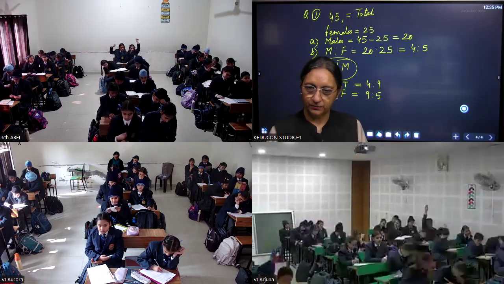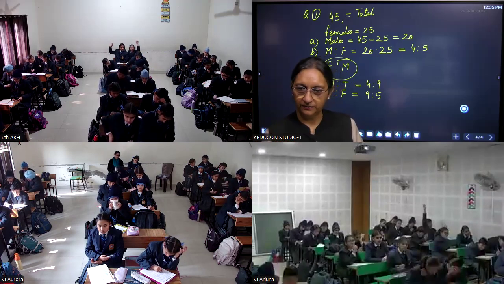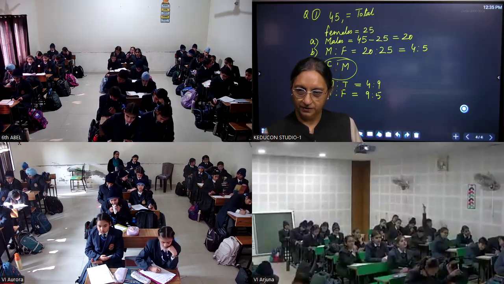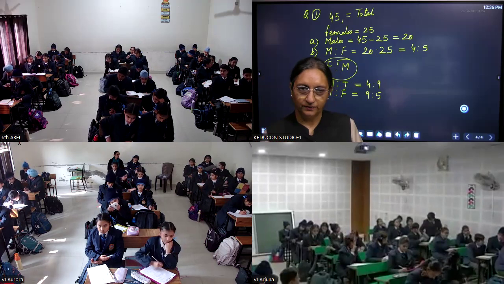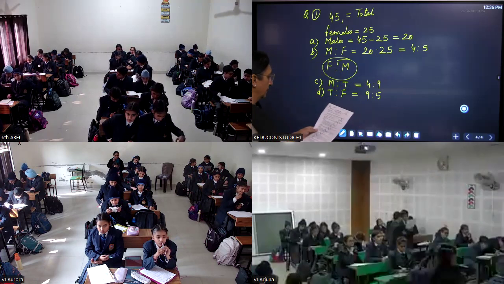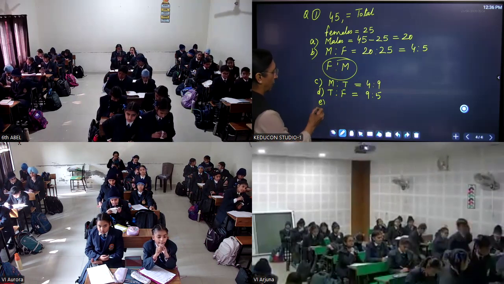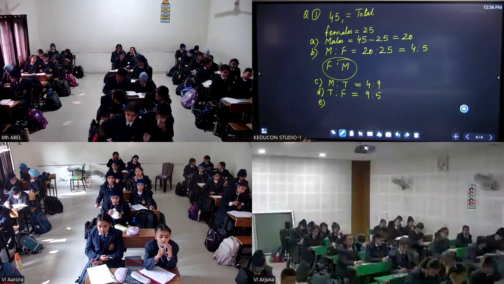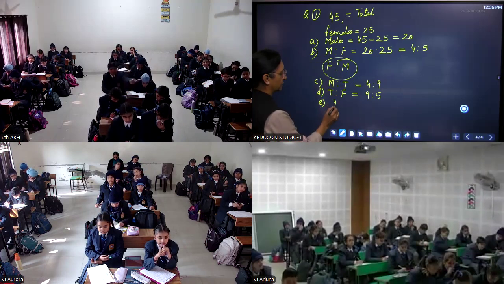Arjuna section, that boy near the fan, yeah, please come near the wall. Yes, come forward. You have to tell two equivalent ratios, E part, of male to female. You know, male to female, you found it to be 4:5.